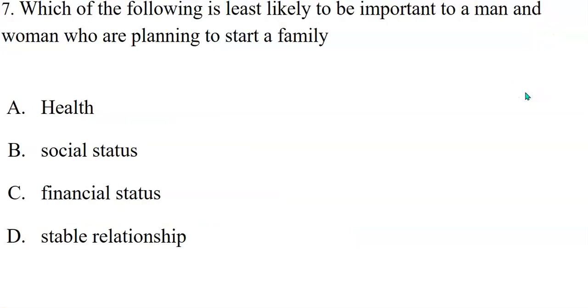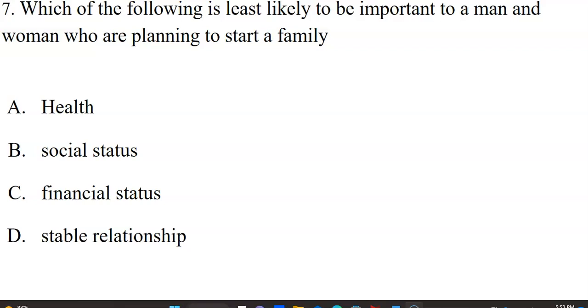Question 7, which of the following is least likely to be important to a man and woman who are planning to start a family? And the answer to question 7 is definitely letter B, social status.